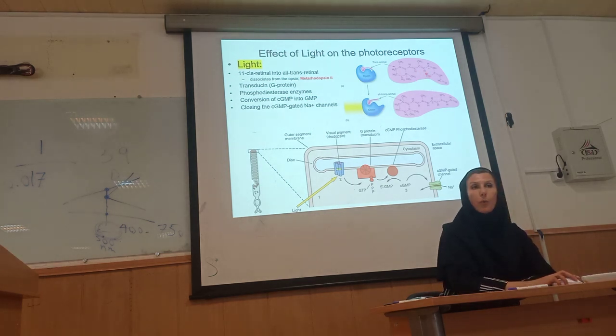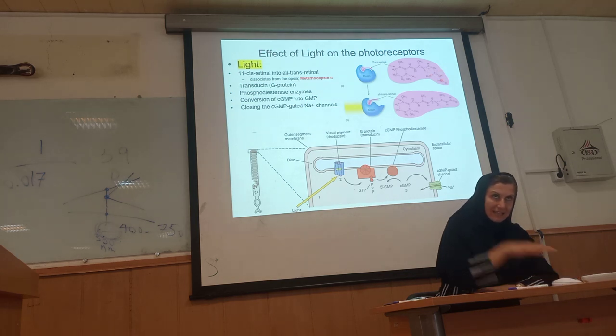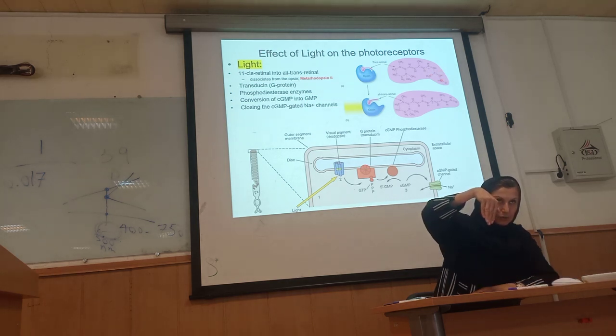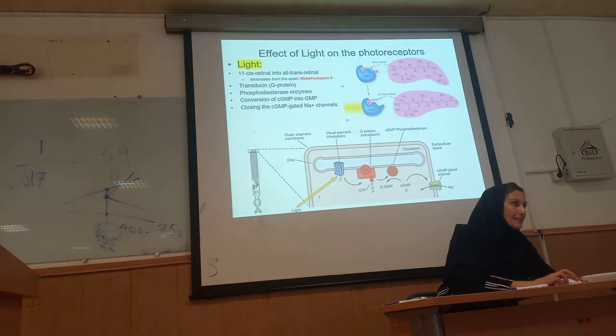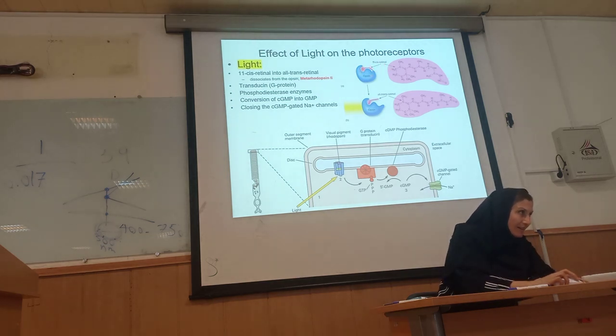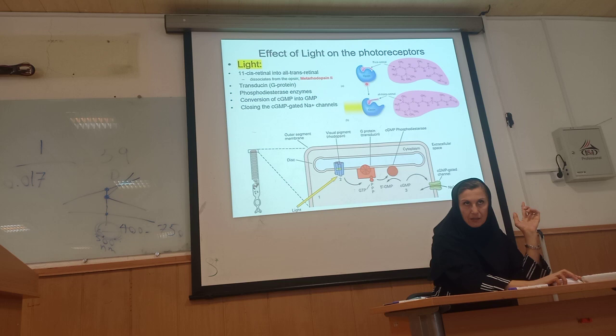If the retinal part that derives from vitamin A is in this configuration, the angle in the molecule called 11-cis retinal, they are combined and bind to the opsin part.